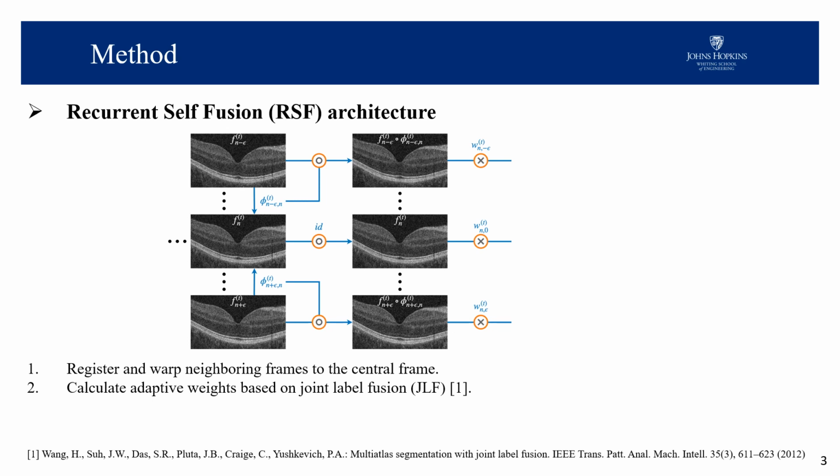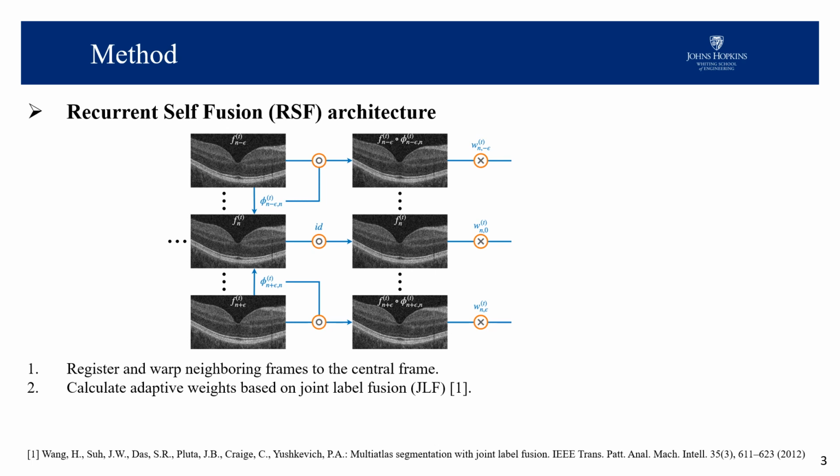Next, we calculate local adaptive weights W based on the concept of joint label fusion. The weight parameter W has the same image shape as the B scan, and it is computed locally based on the structural similarity of local patches between the labeling B scans and the central B scan.